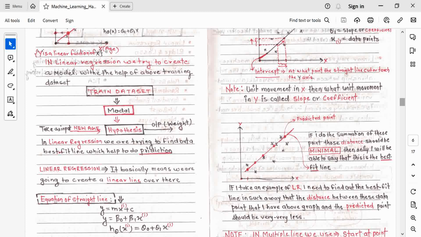When the summation of the differences between the predicted value and the actual value is minimum, the minimum residual value will be taken as the predicted value.